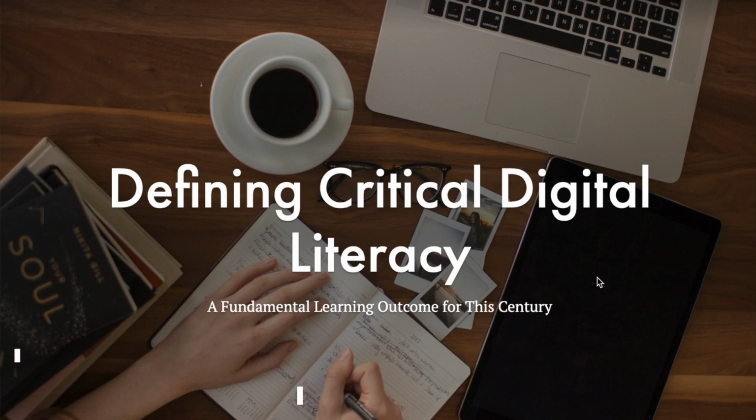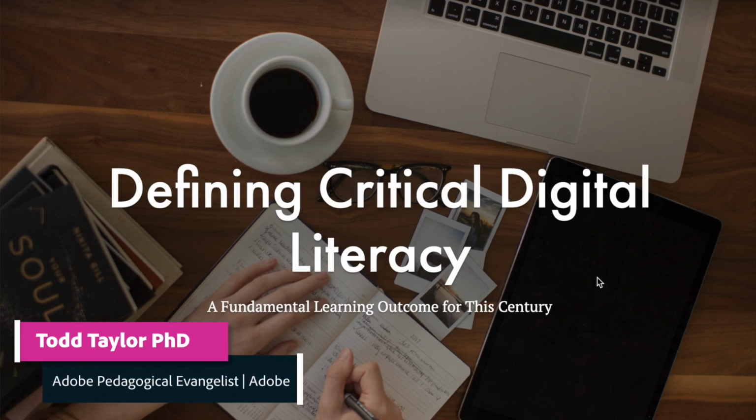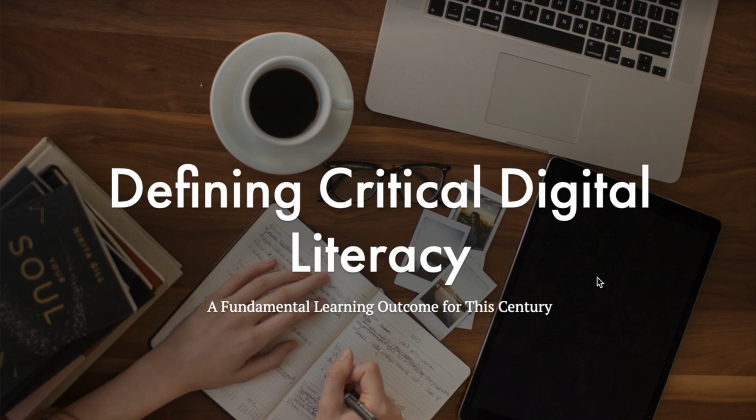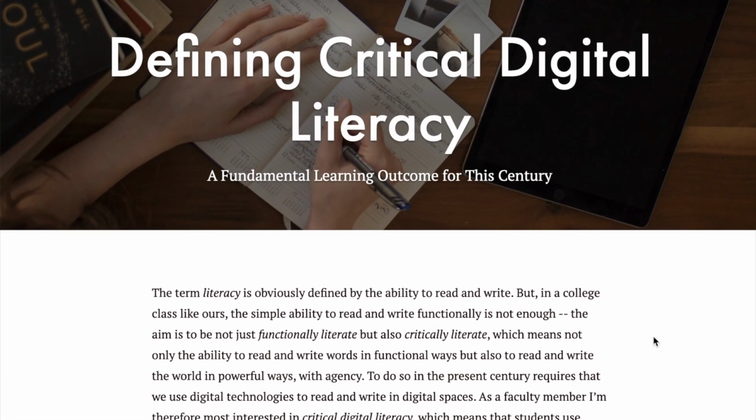What you're seeing here is a web page that I made in Creative Cloud Express that helps me think through defining critical digital literacy for myself and my students especially. You'll notice that I put the word critical in front of digital literacy, which I think of as a fundamental learning outcome for this century.